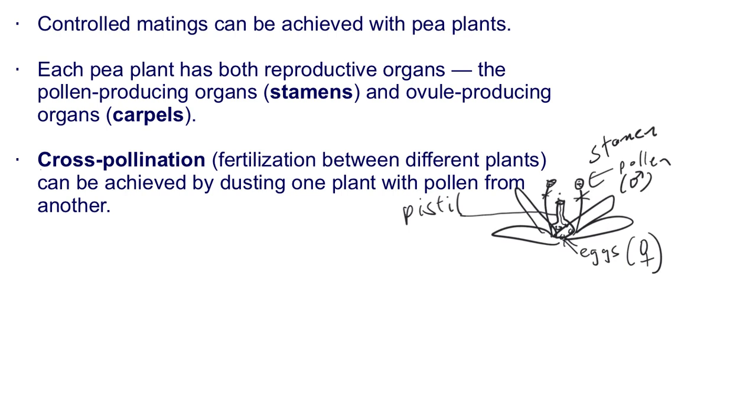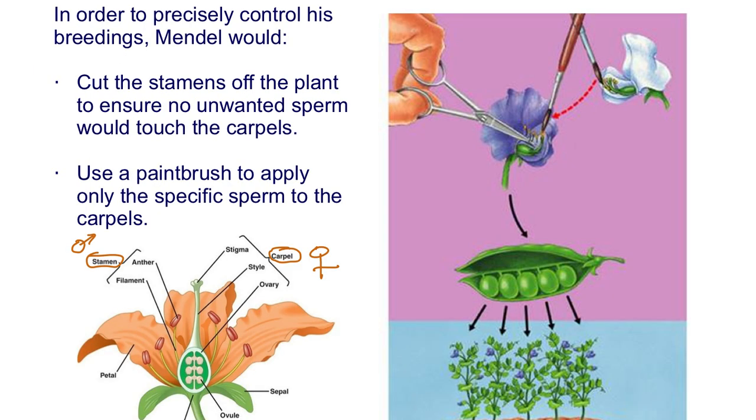So he cross-pollinated different pea plants of the same species but with different alleles by dusting the pollen from that plant onto another individual plant.